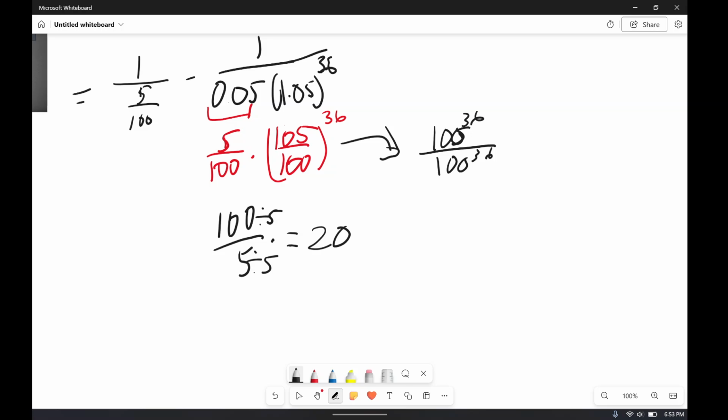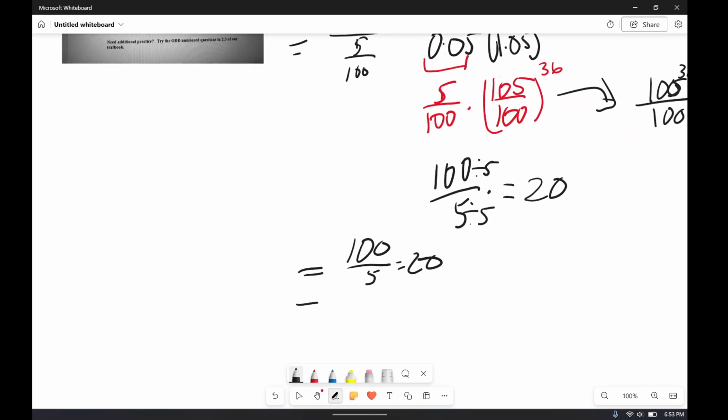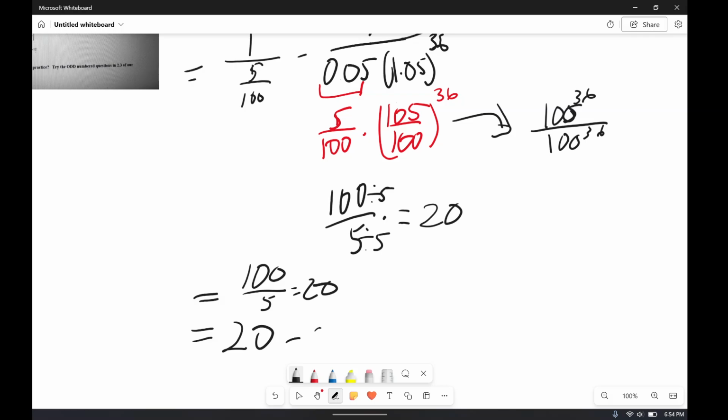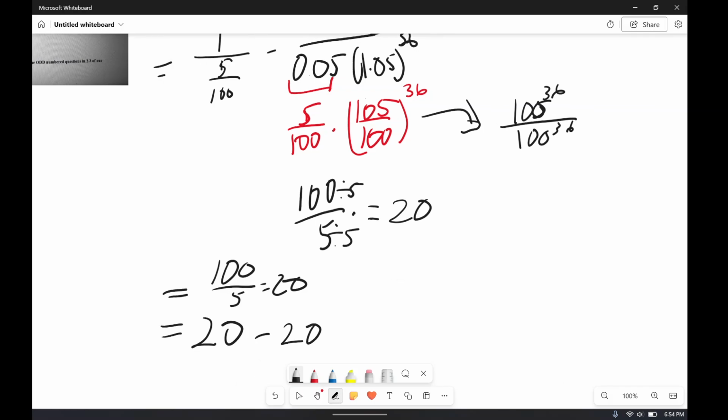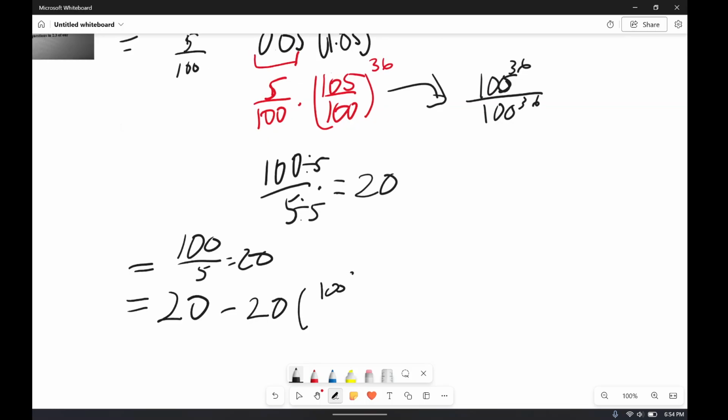So, yeah. Okay, so what we have, this is very hard to explain. We have 100 over 5, which is equal to 20. So we have 20, and then we have minus 20 again, because we just flip it. And then this is going to be times 1 over that, which is 100 to the 36th power over 105 to the 36th power.